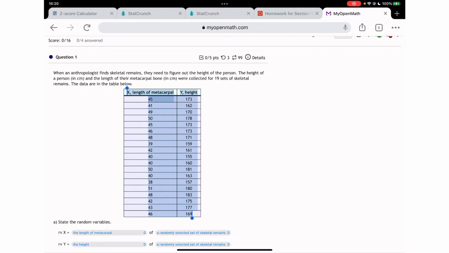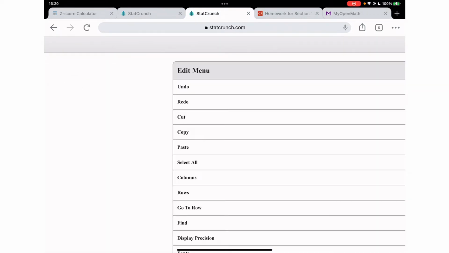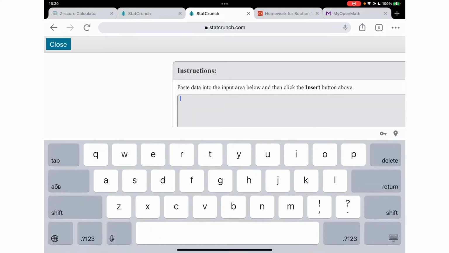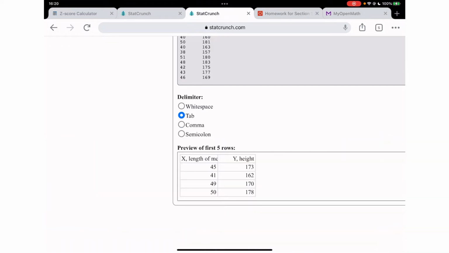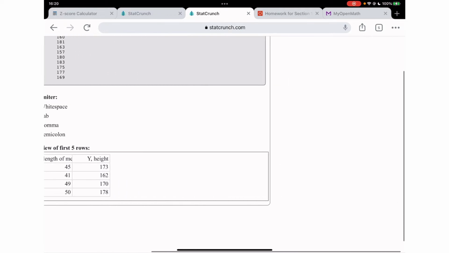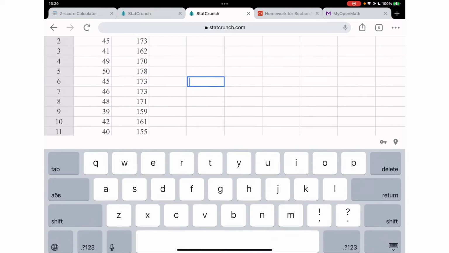Okay, copy. Where is my StatCrunch? Here, edit, paste. Okay, return. Where we can insert, here it is. There we go, we insert it.